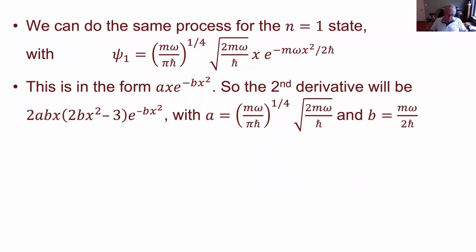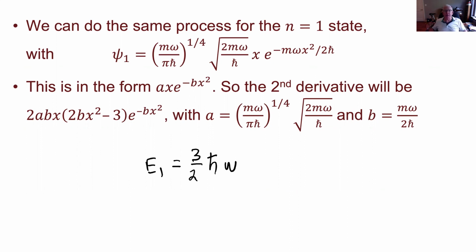After a bunch of work, what we get is that E1 is actually equal to 3/2 h bar omega.